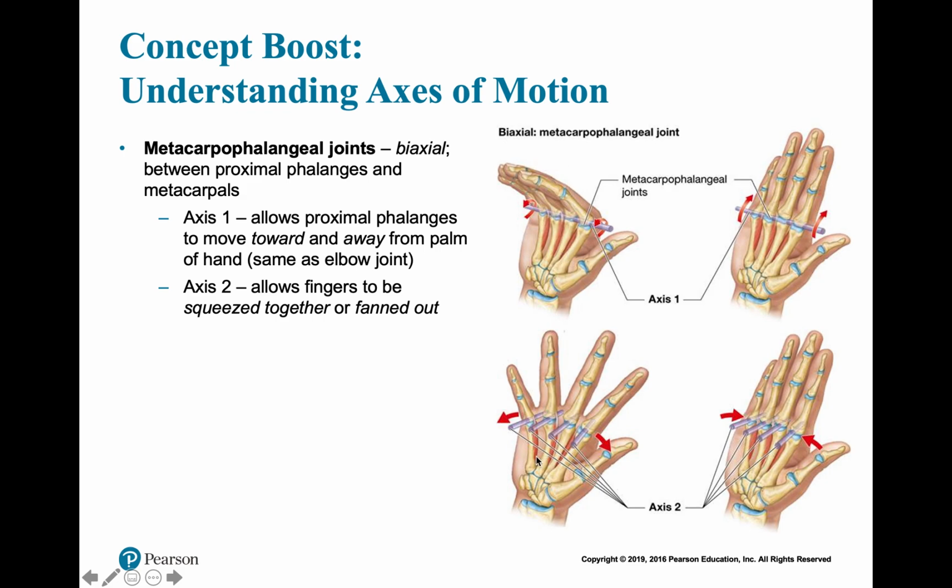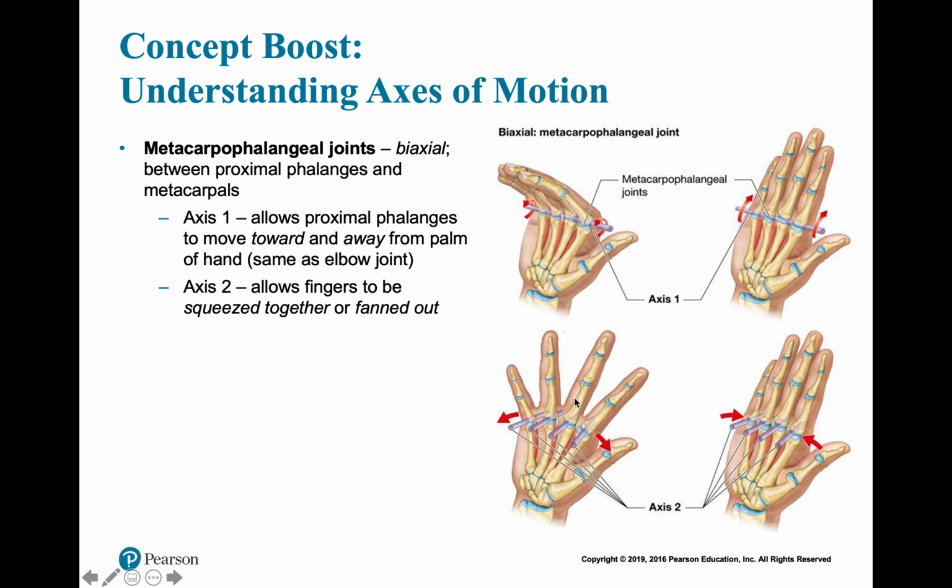But there's also another axis, and this axis would be running into and out of the plane of the fingers, right here between the metacarpals and the proximal phalanx. So this axis runs in this direction, all right? Now movement between these bones around this axis allows the spreading of your fingers and the closing of your fingers.